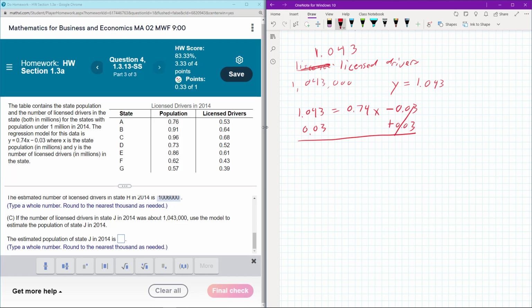When we add here, we will have 1.073, and that will be equal to 0.74 times X. We can divide both sides by 0.74 to isolate X. And if we do, we will have that X is equal to 1.45 million.